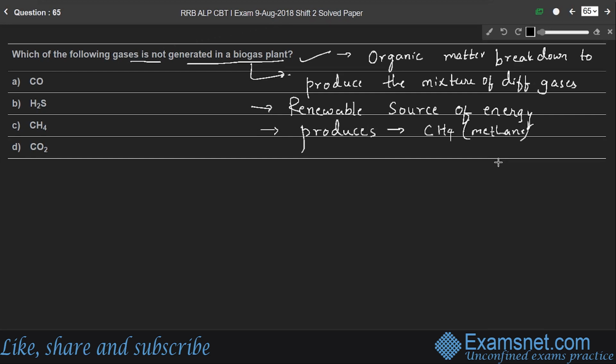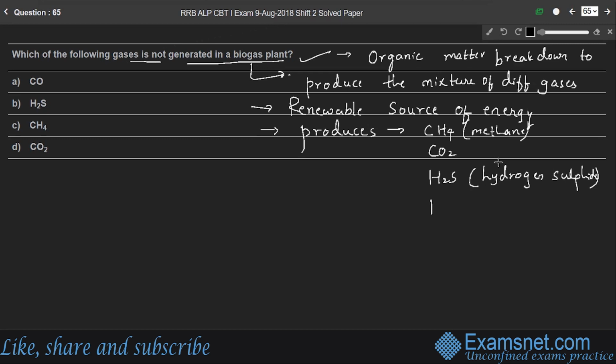And it produces carbon dioxide, CO2, and hydrogen sulfide, which is H2S. These are the byproducts of biogas plant.